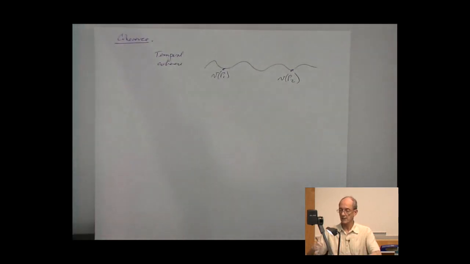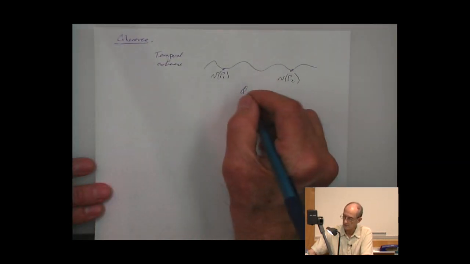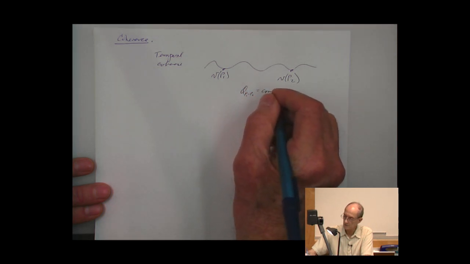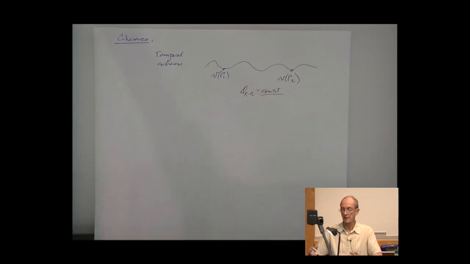We see if the phase difference between P1 and P2 is basically a constant, if it's not washing out. If it is constant, then we say that we have temporal coherence.